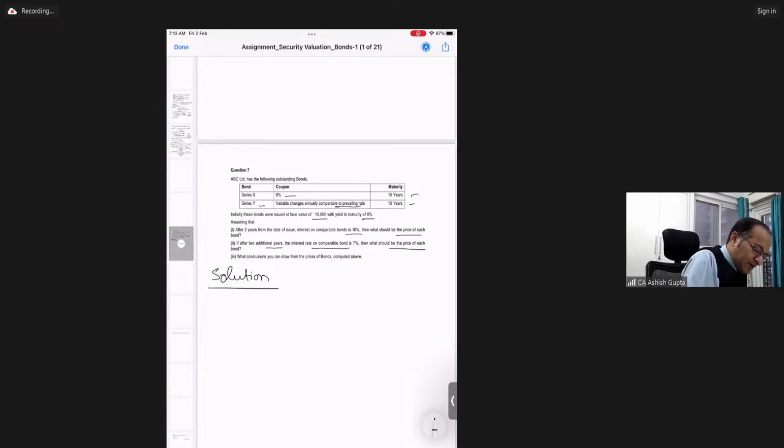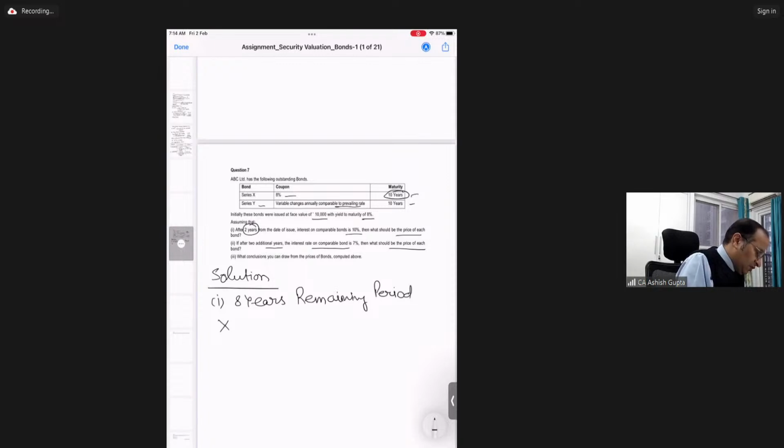Now, students, I start with the first part. Very important: when this bond was issued, the period was 10 years. However, 2 years have elapsed, so the remaining period left over is 8 years. So accordingly, we shall evaluate the debenture.